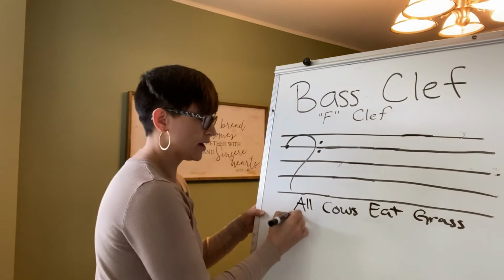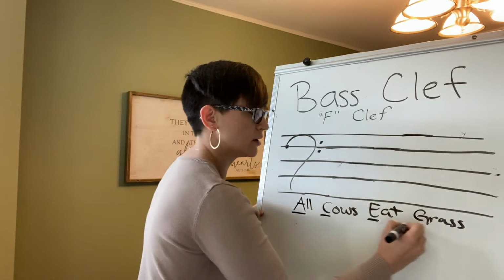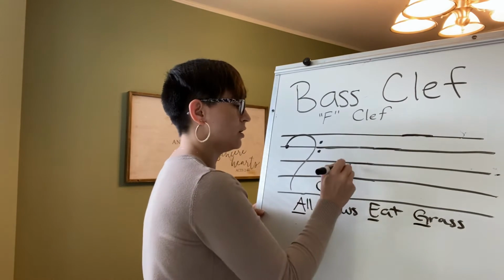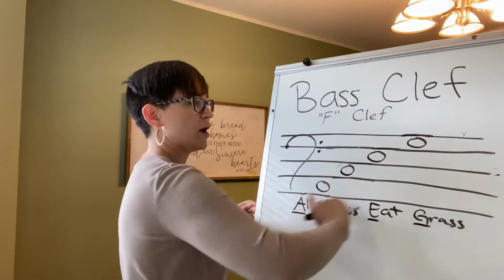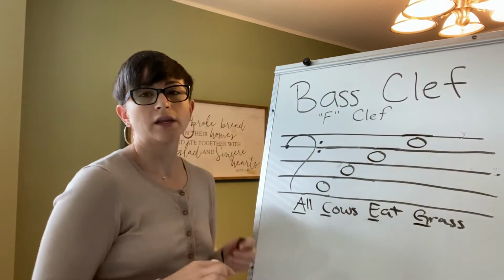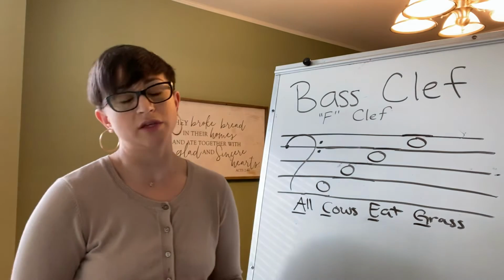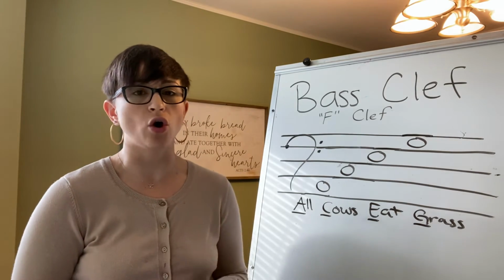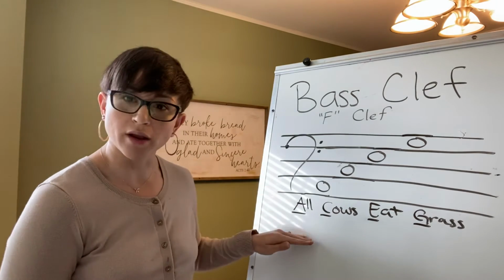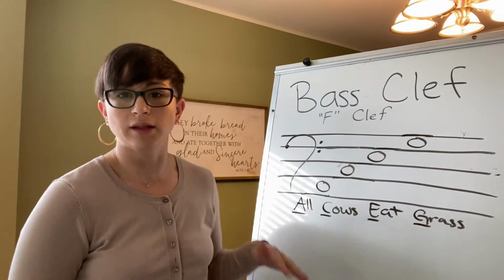So all cows eat grass, and like every acronym, it is the first letter of every word. All cows eat grass. Starting from the bottom, going up. That is the very important piece to remember about these acronyms, is where it starts. It always starts on the bottom and goes up like a ladder.